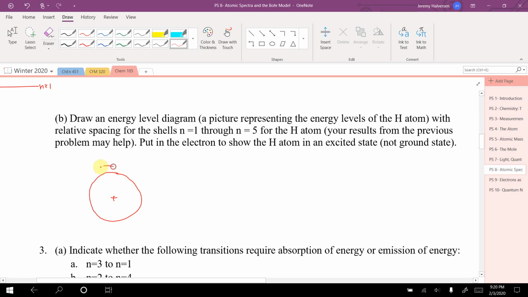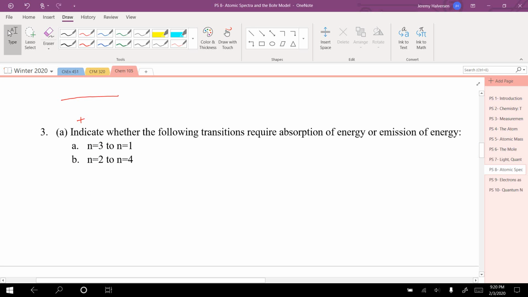If this is my nucleus, I've got 1, 2, 3, 4, 5. Put an electron to show an H atom in an excited state. Ground state would be putting it in n equals 1, so I'll just put it in n equals 2. You can put it anywhere other than n equals 1 and be correct.